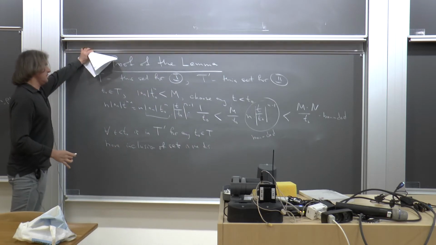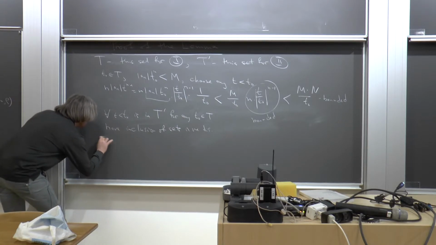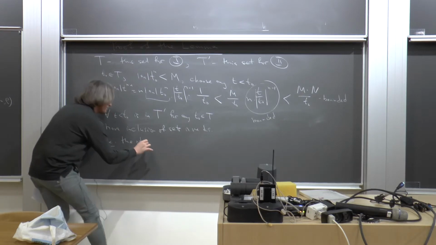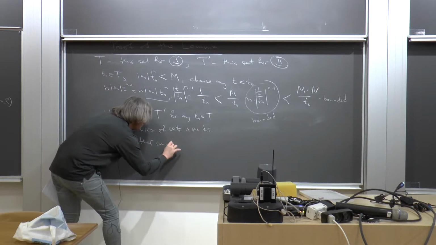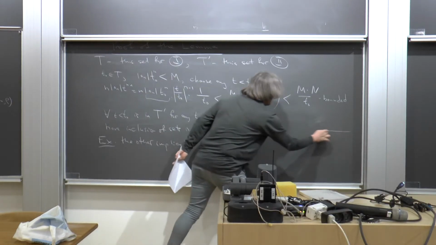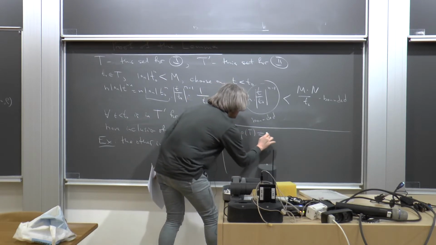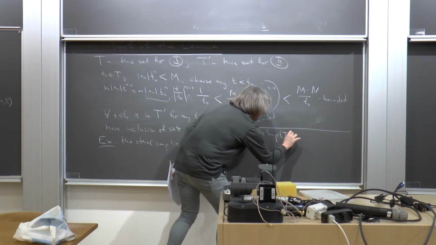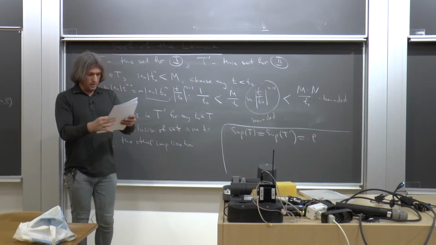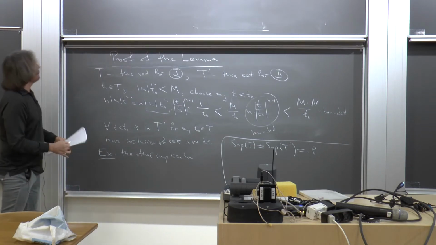Let me leave the other direction as an exercise. The other implication is clear. So as an outcome, we get that the supremum of T equals the supremum of T prime, and call it rho. Good. So this was the easier part.